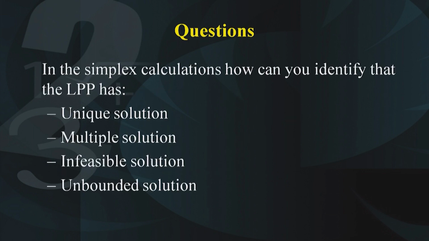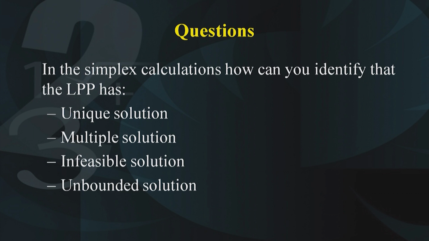Now, after you have done this exercise, I want you to give a thought to how, in the simplex calculations, you can recognize the following conditions: the LPP has a unique solution, the LPP has multiple solutions, the LPP has an infeasible solution and the LPP has an unbounded solution.